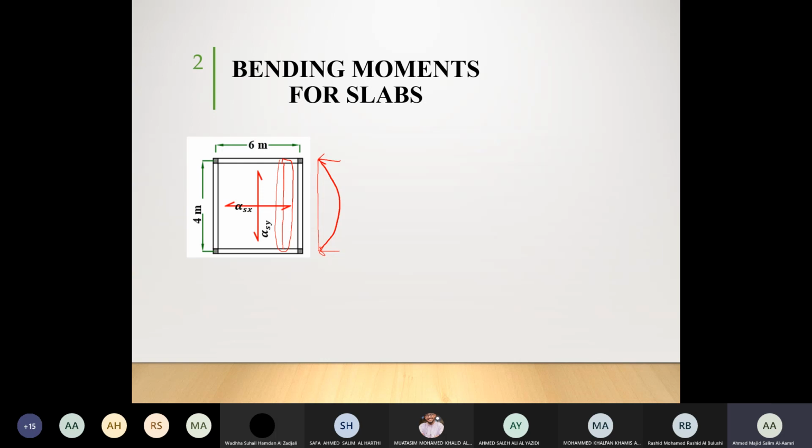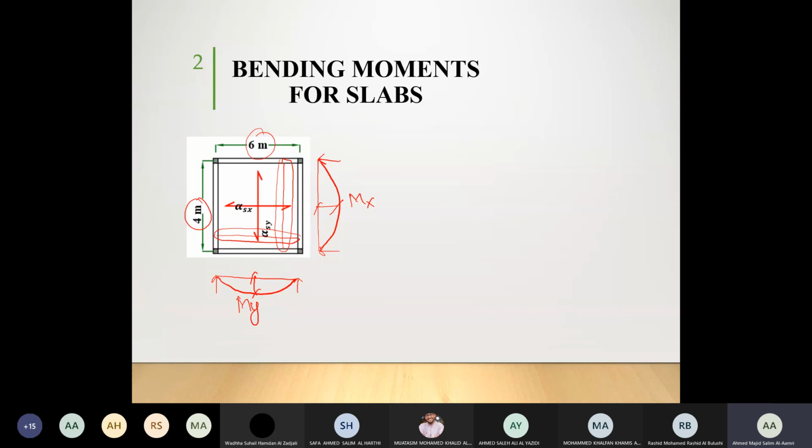And then here I took another line because it's a two-way slab. So this is going to be my span, this is my support, and this is my support, and this is going to be my parabolic profile. This is going to be X, MX, because it's parallel to 4, and this is going to be Y, MY, because it's parallel to 6.